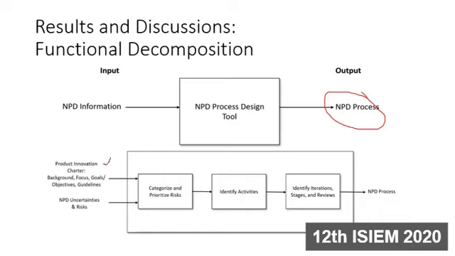The NPD process design sequence is based on the analysis of risk, so it seems logical that the Product Innovation Charter and risk are the input of the design. The tool must be able to represent the sequence of the NPD process design, that is, categorize and prioritize risk, identify activities, and identify iteration, stages, and review.